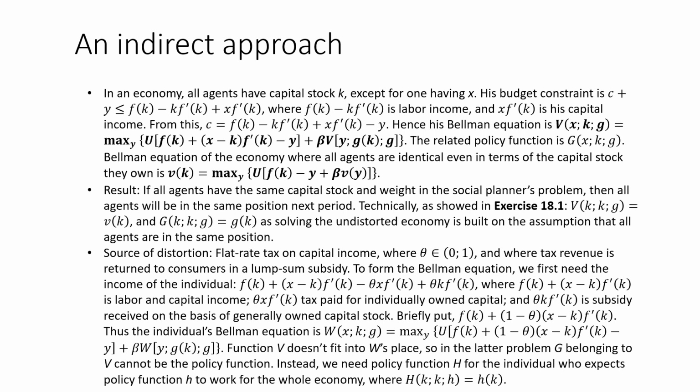This income can be put into a simpler form, and on this basis we can write down the Bellman equation for the individual who owns capital stock X while other agents own capital stock K.